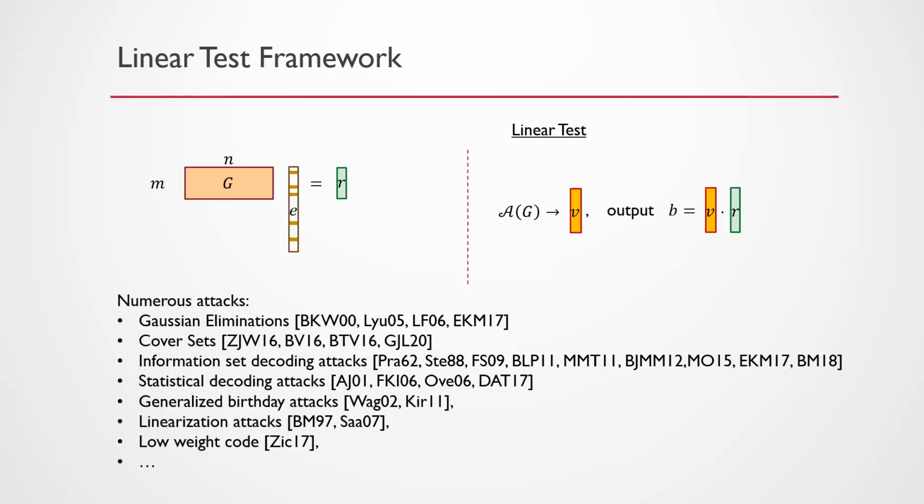I guess we also heard about it in the previous talk: essentially all these attacks, with a few exceptions, follow this paradigm where you can recompile whatever they're doing to having the adversary generating this test vector V, and then the distinguishing power of the adversary is simply doing the inner product between V and R.